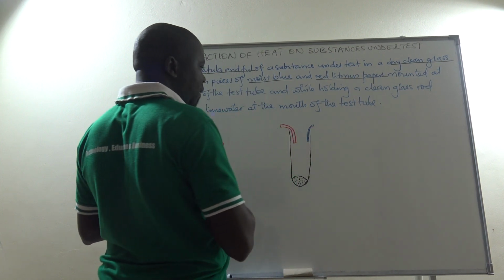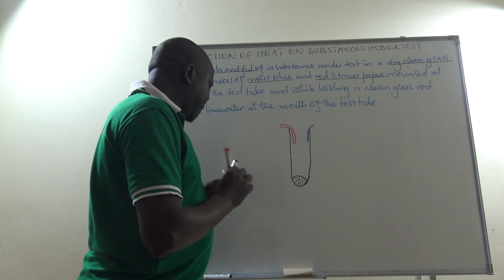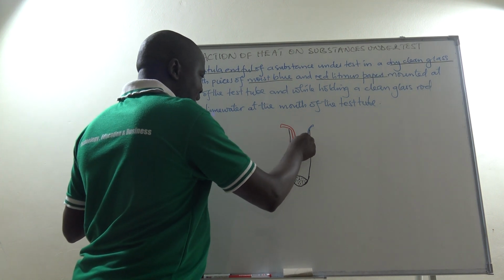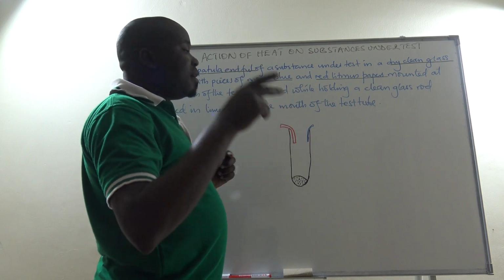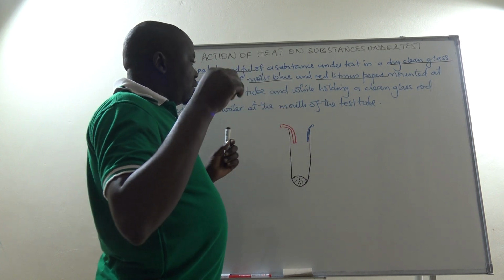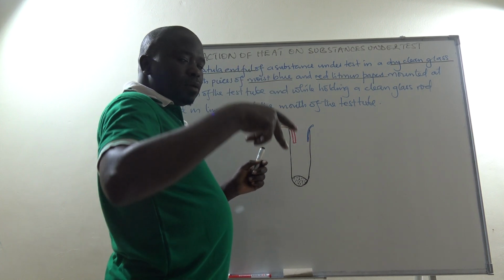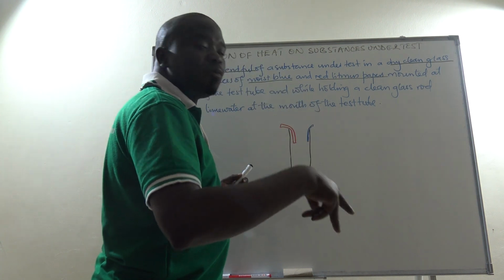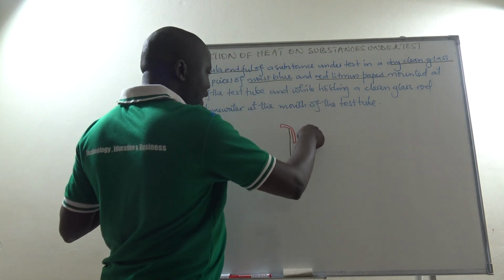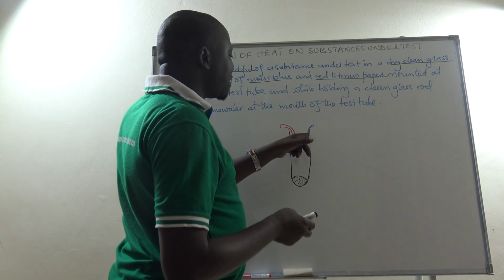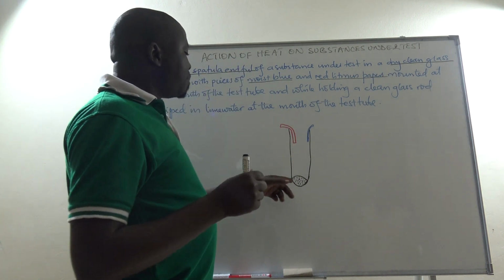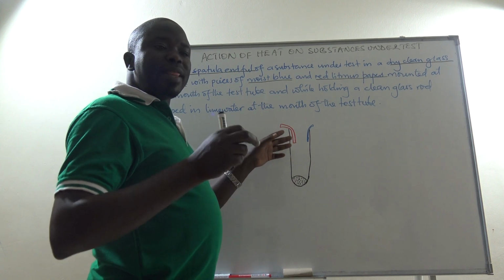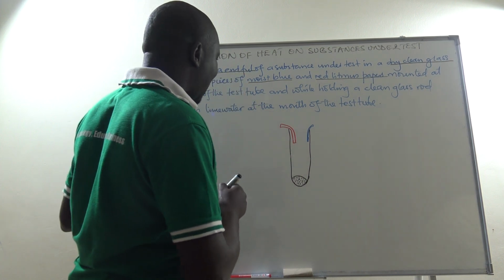So a piece of litmus paper which is blue in color should be mounted here. Another one which is red should be mounted here. But remember that the litmus papers had been wetted or moistened with water first. Then you place them here. So these litmus papers will help to test for the pH of the gas that may be produced, whether it is acidic or it is alkaline.